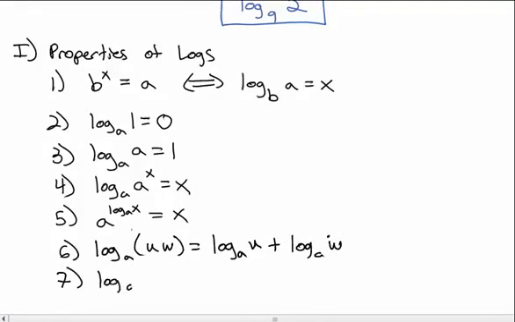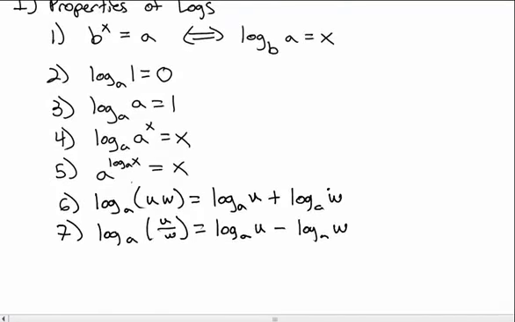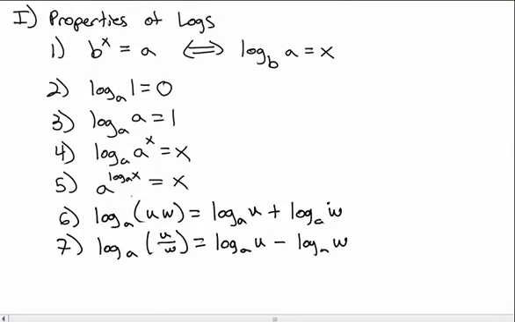Similarly, the log base anything of a quotient is equal to the log of the first one minus the log of the second one. Or how I like to think about it is negative exponents go on the bottom, positive exponents on the top.